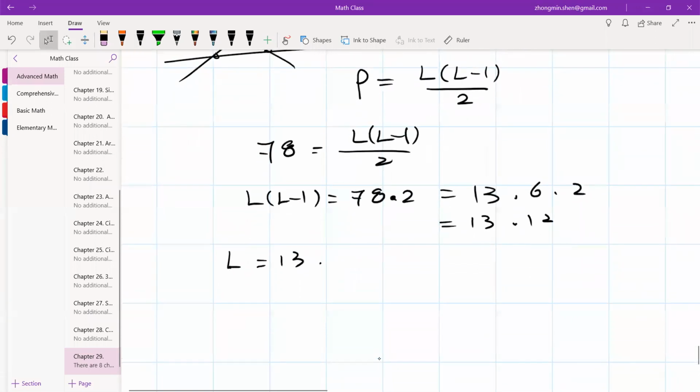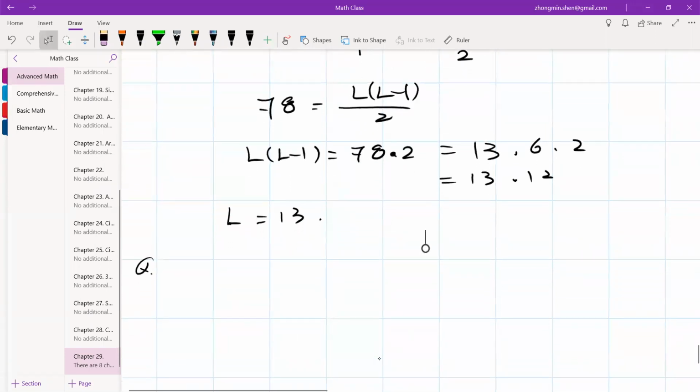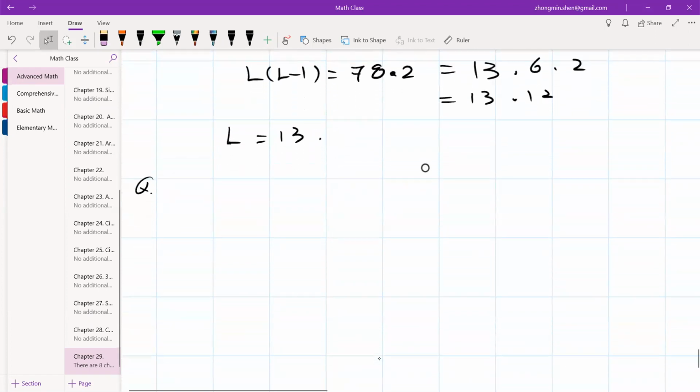All right, the last topic I want to talk about is the tiling problem. A 15-foot by 45-foot rectangular floor is completely tiled with 1 foot by 1 foot square tiles.